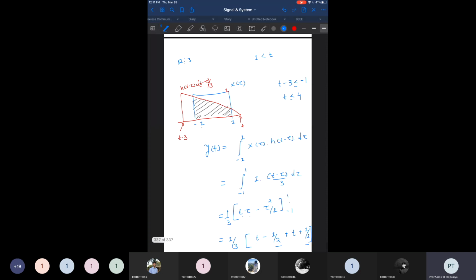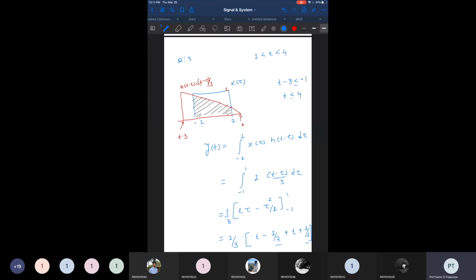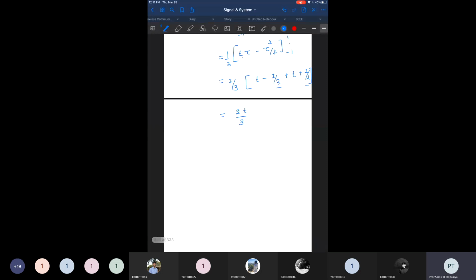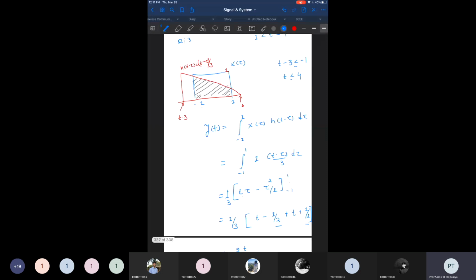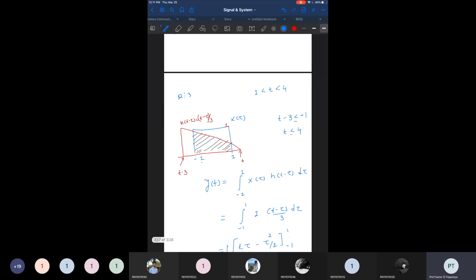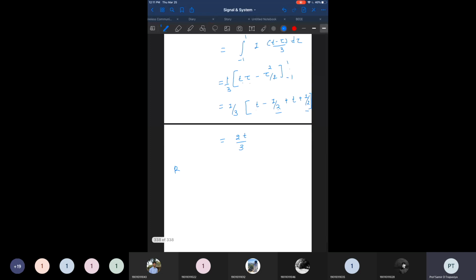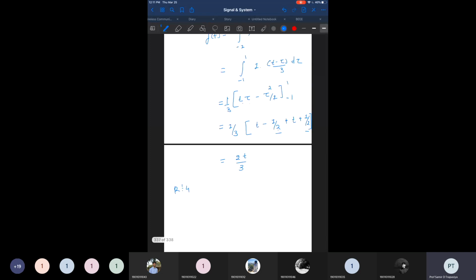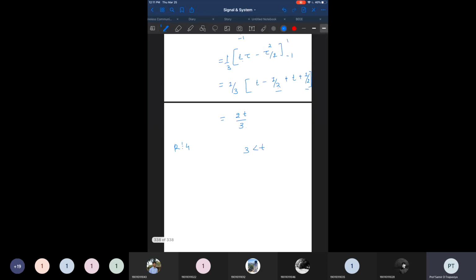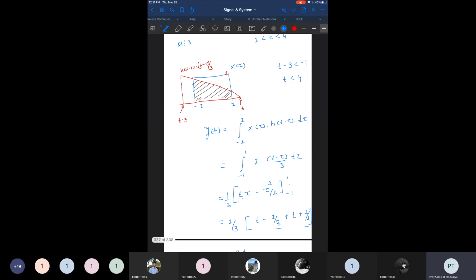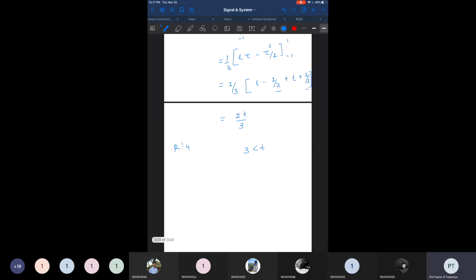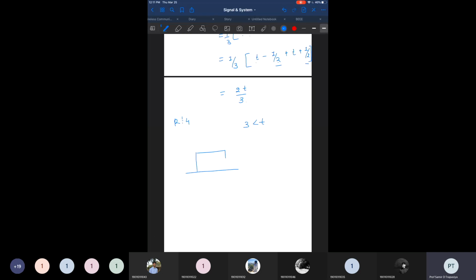So now we go to another region, that is region number 4. So in region number 4, what happens is when t is larger than 3, and in that case if we go with the same example, the rectangular function lies within the range of minus 1 to 1.